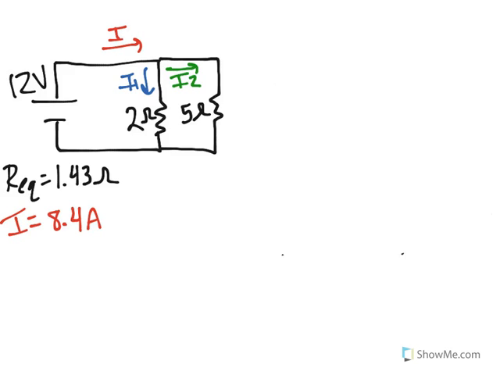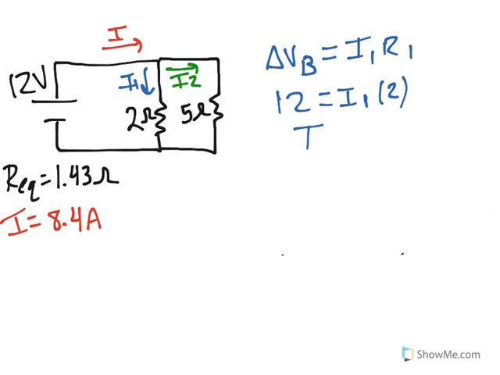So now I need to solve for I1 and I2. Now I know from what I just talked about that the voltage drop across the 2 and the 5 are equal, and they're equal to the battery. So if I have 12 volts is equal to I1 times 2 ohms, then I1 is equal to 6 amps.